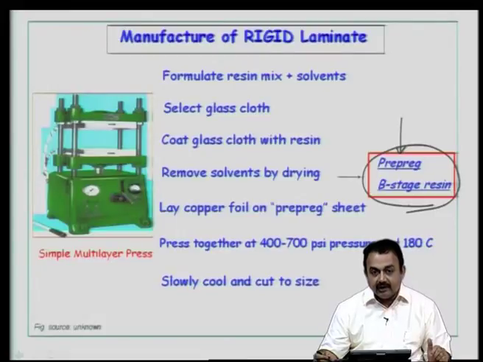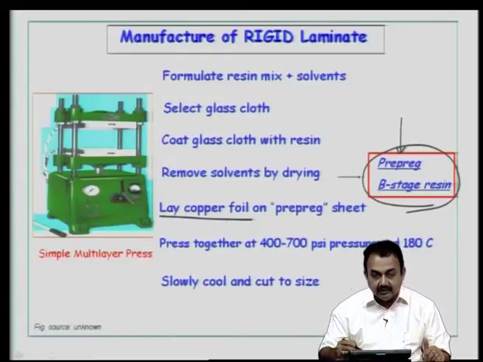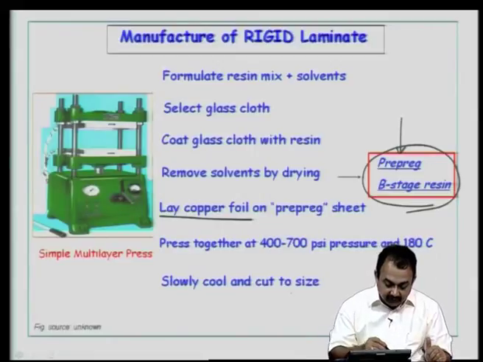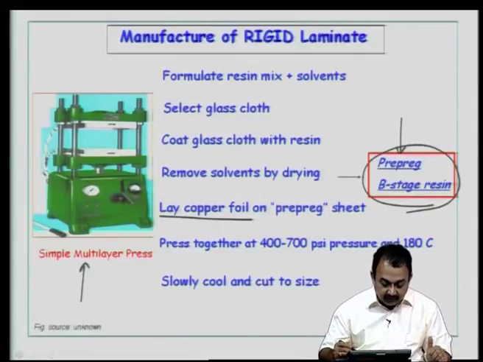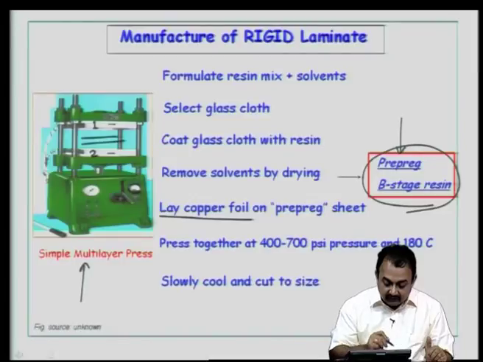Now, on this pre-preg you are going to use copper foils, that is, you lay the copper foil on the pre-preg sheet top and bottom, let us say, and then put it in a multilayer press. What you see here is a picture of a simple multilayer press. So, here in this area between the plates, plate 1, plate 2, you will keep your laminate structure.